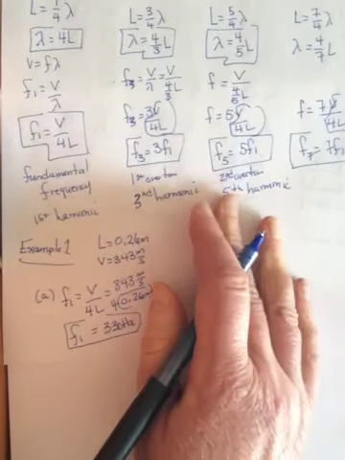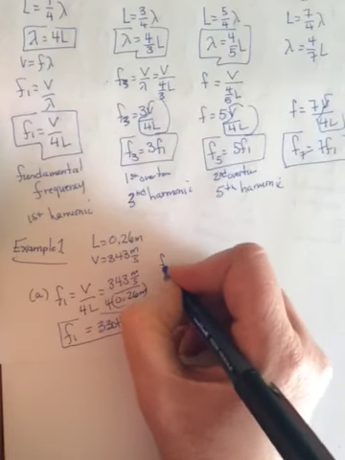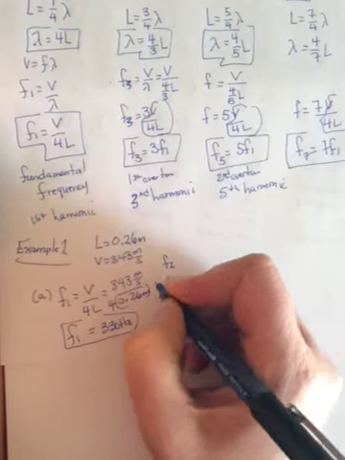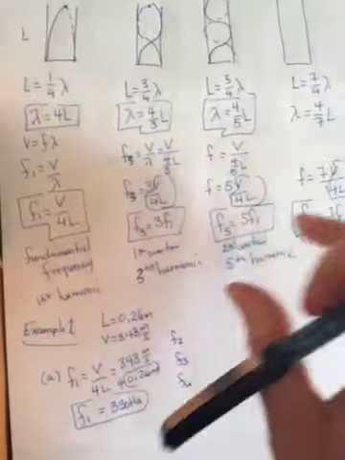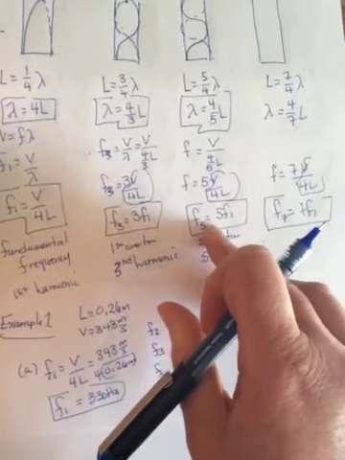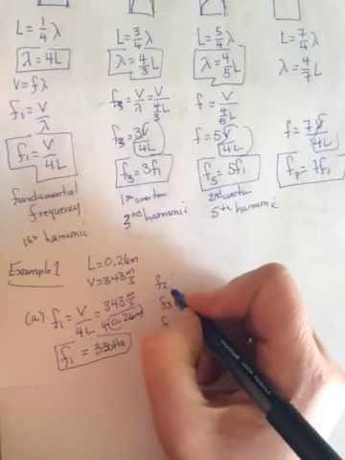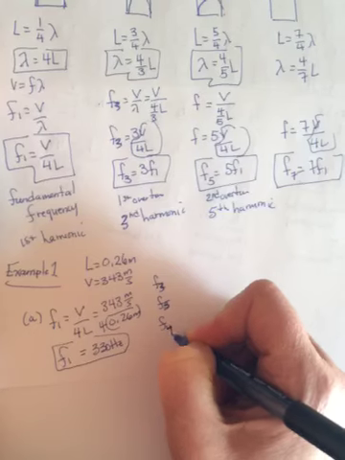And then the question says the first three overtones. So F2, F3, and F4, and in a closed tube, they are 3, 5, and 7. So the first three overtones, sorry, they're F3, F5, and F7.